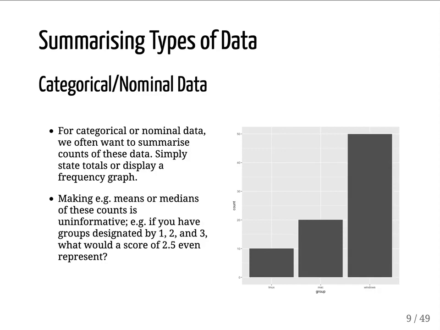It's just a count of where people belong by a certain group. So let's say I assigned the numbers 1, 2, and 3 to Linux, Mac, and Windows. If I try and work out an average of these categories, it wouldn't even tell me anything. So what does 2.5 even represent here? So when it comes to categorical or nominal data, just report what the counts are.